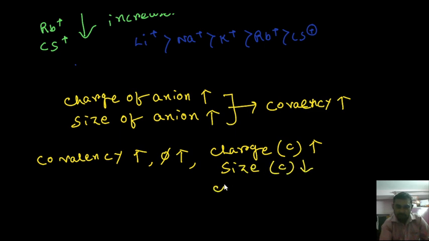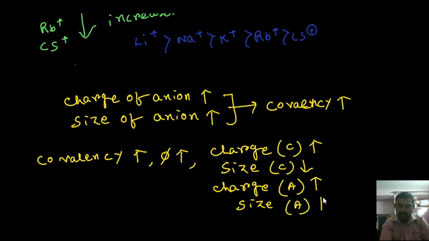And if the charge of the anion, A for anion, increases and the size of the anion also increases. So this is the general condition for the increase of the covalency.